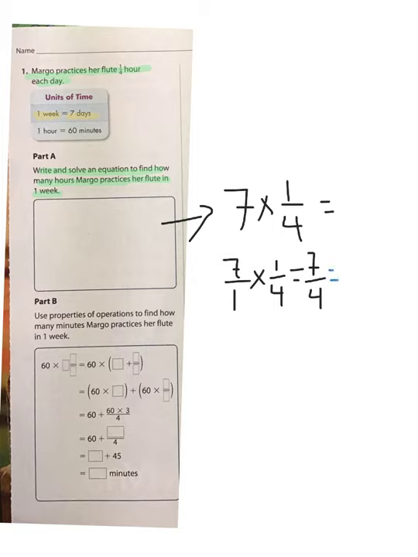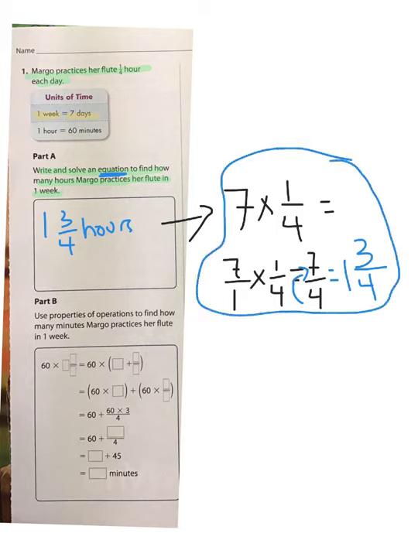So we have to see how many times does 4 go into 7? Well, 1 time. Put your denominator. And 7 minus 4 is 3. So she practices 1 3/4 hours each week. Remember that since it's asking for an equation, make sure that you have all of this down in order to get the full credit.